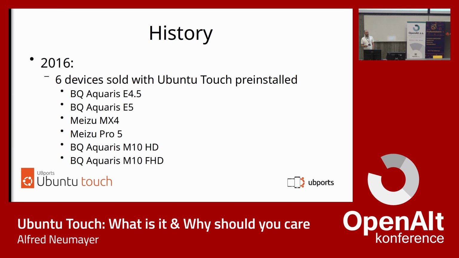Those tablets were actually sold with the ability to run GIMP pre-installed, and were demoed at the Mobile World Congress back then, to showcase the capabilities of the convergence story, so that you can use your GIMP, your LibreOffice, whatever, on a tablet when you're on the go, when it's connected to a keyboard and mouse.